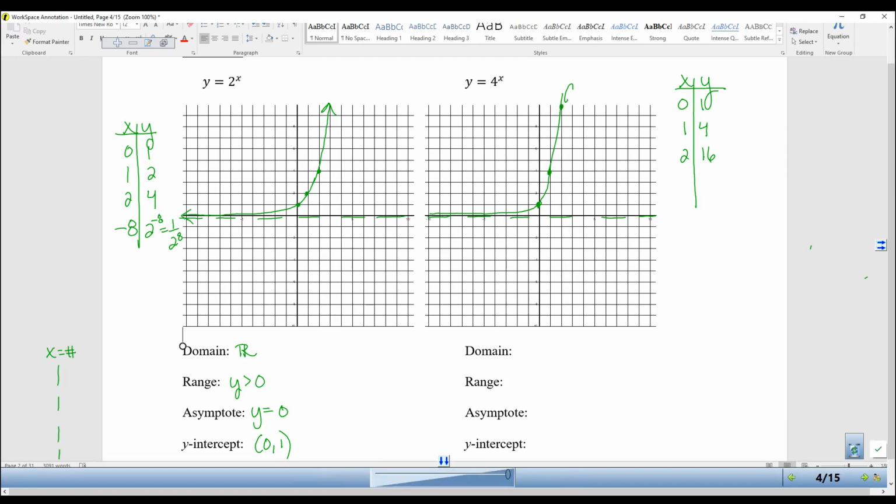So let's go ahead and erase that and make sure that I stay on this side of the 2. So you'll know you did it right if it's steeper. The bigger this number is, the steeper the graph should get. But my domain, my range, my asymptote, and my y-intercept all stay the same. Okay, the base doesn't matter.